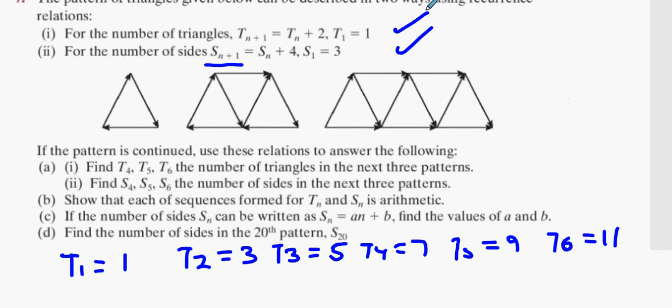What's S2 the same as? S1 plus 4. I think it's just going to jump up in 4s, do you? So what's S1? 3. What's S2? So S2 is 7.